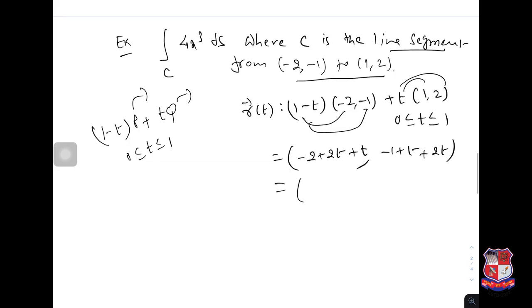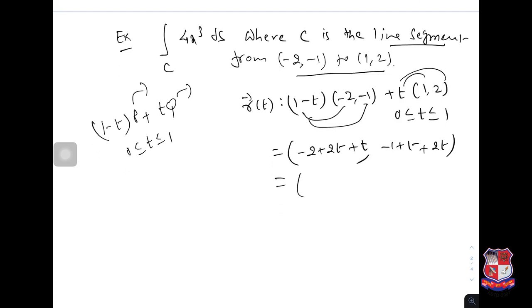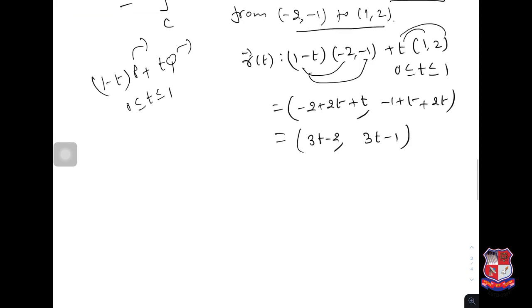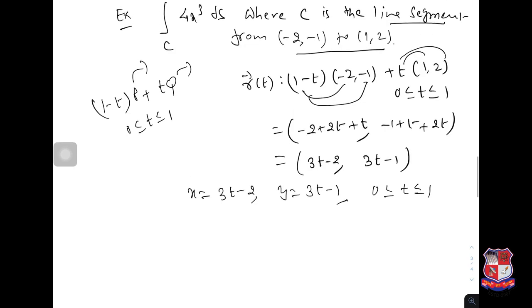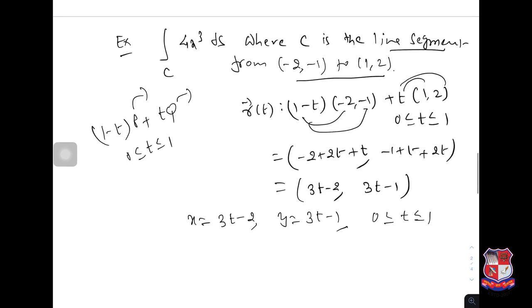So this is equal to (3t - 2, 3t - 1). So the parameterization is x = 3t - 2, y = 3t - 1, 0 ≤ t ≤ 1. If you put t = 0, you will get the first point (-2, -1), and if you put t = 1, you will get the second point (1, 2).